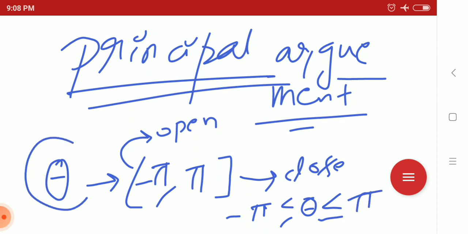Then theta is called the principal argument. That means theta has the range minus pi less than theta less than or equal to pi, and then we can say that it is the principal argument.